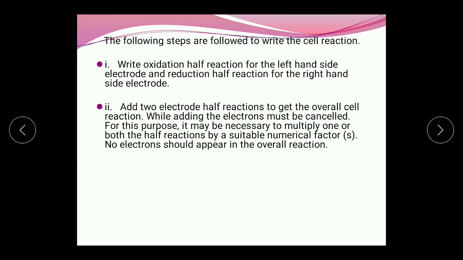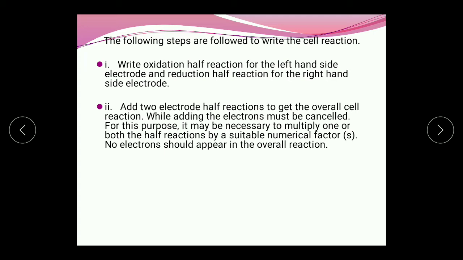While adding, you must keep in mind that the electrons must be cancelled when we add both the reactions, because in the anodic half oxidation reaction, electrons will appear on the right hand side, while in the cathodic half reduction reaction, electrons will appear on the left hand side.